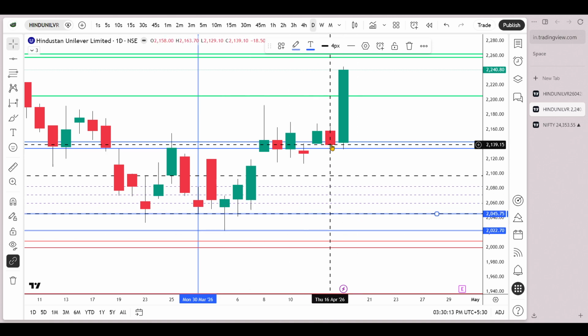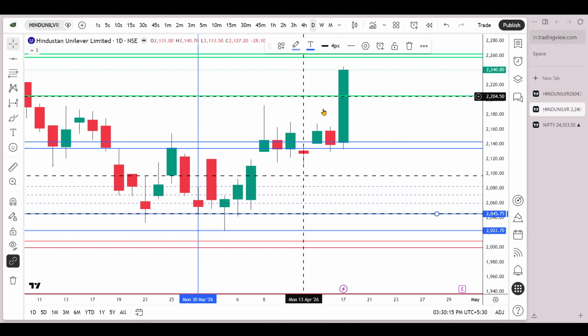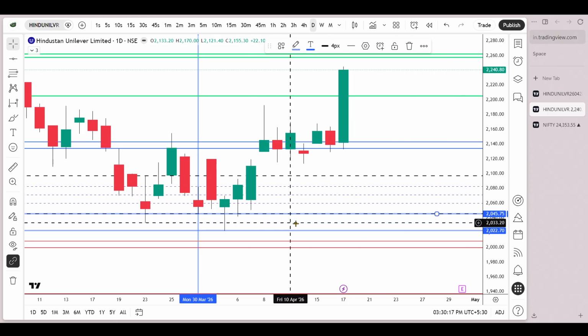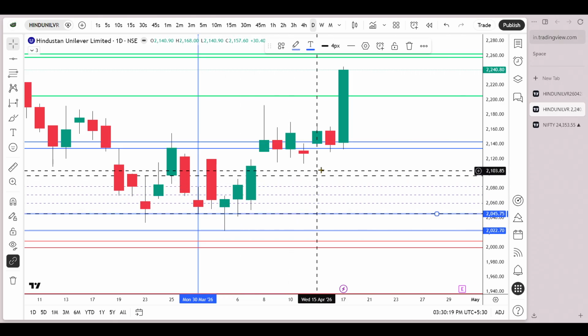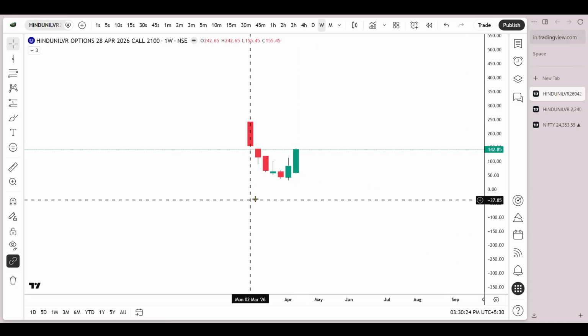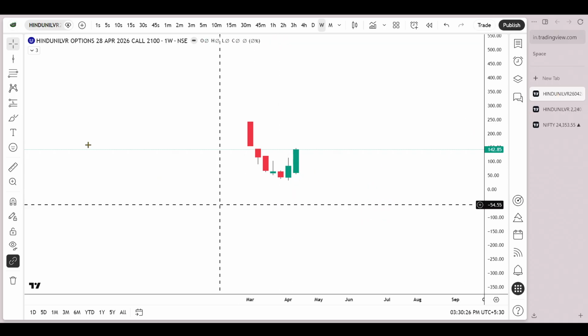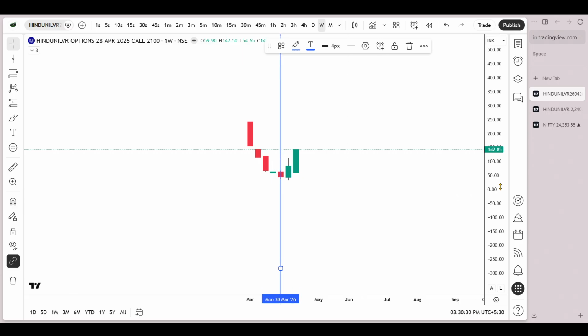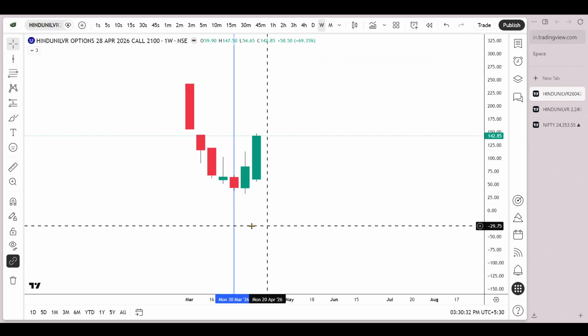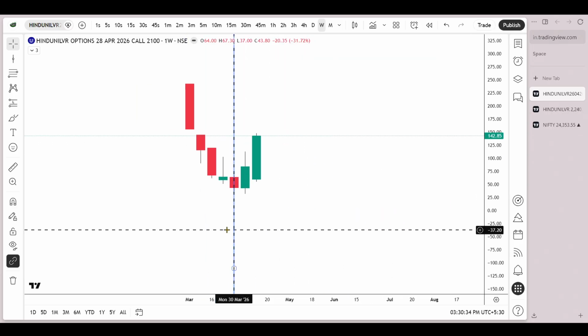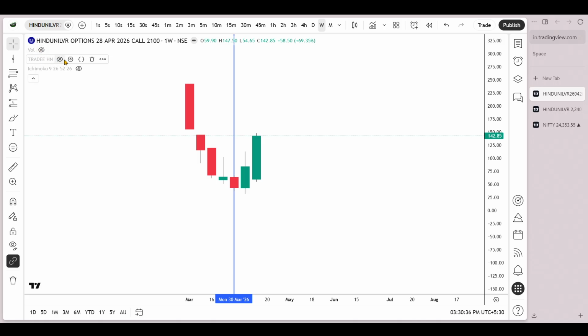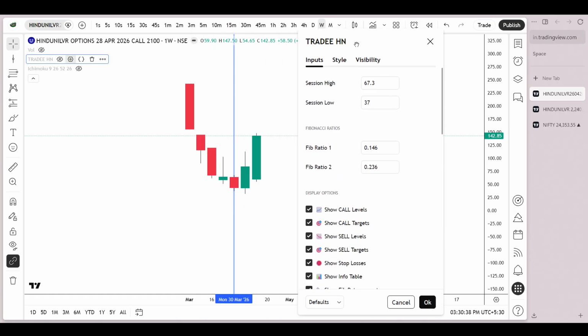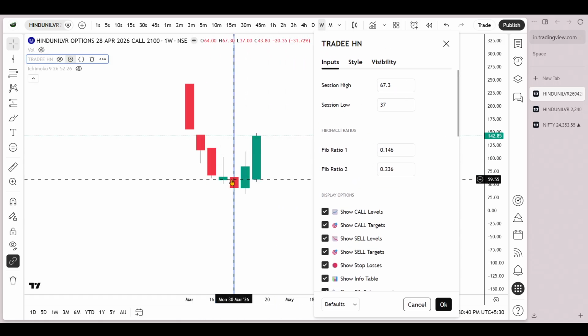Now we'll go to the same thing in the option chart. This is the option chart, this is April 6th. Again here also the same concept. We need to mark the high and low of the previous week candle. This is previous week 36.